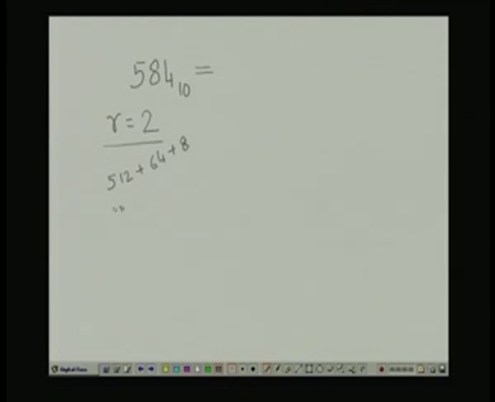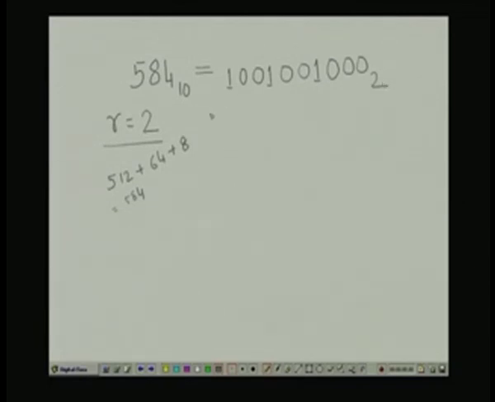So how can we represent it? The 0th position, the 1 value, is 0, the 2 is 0, the 4 is 0, the 8 is 1. Then 16 is 0, 32 is 0, 64 is 1. Then 128 is 0, 256 is 0, then the 512 bit is 1. So this is my binary conversion.